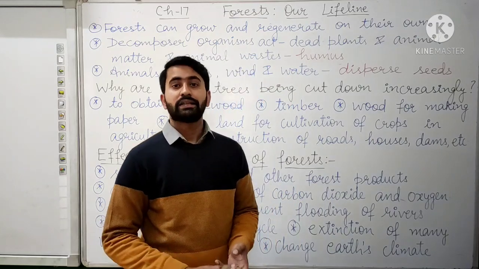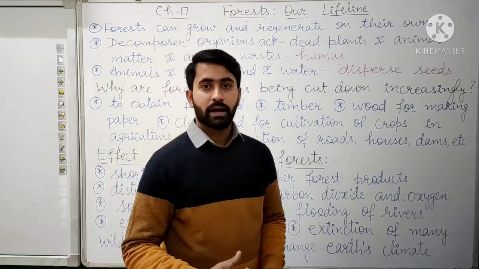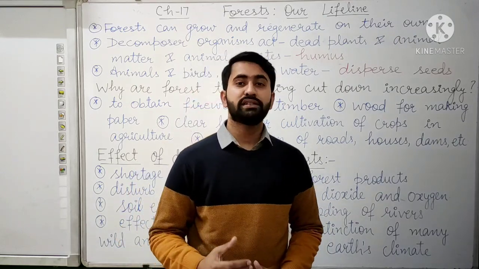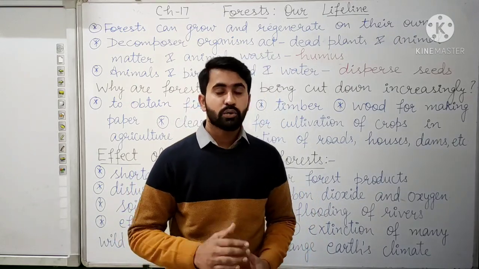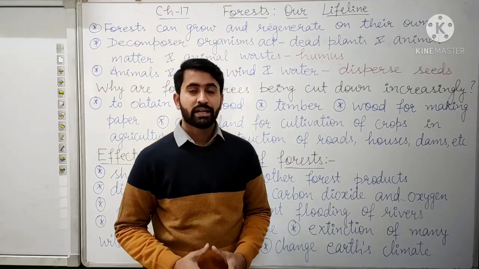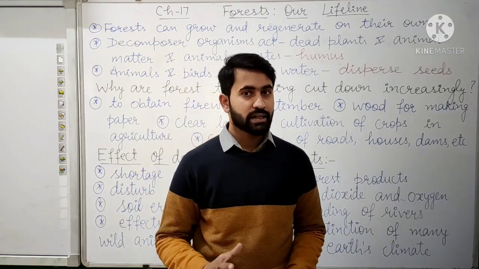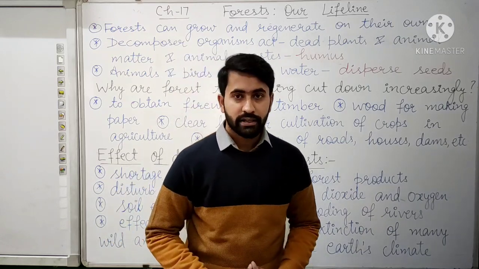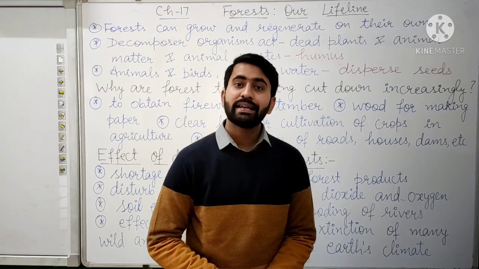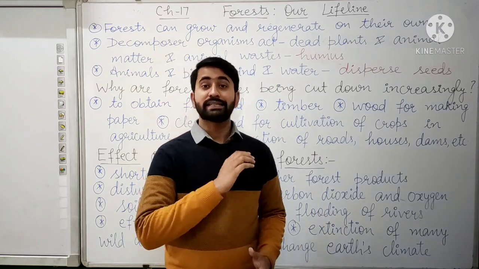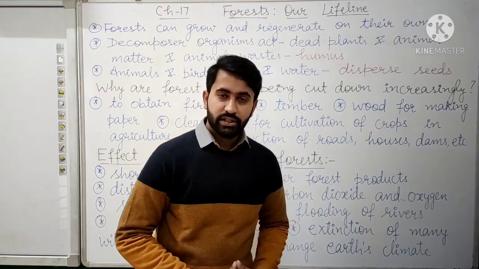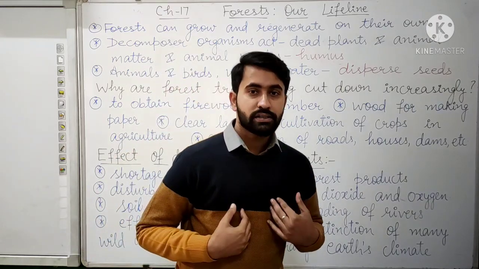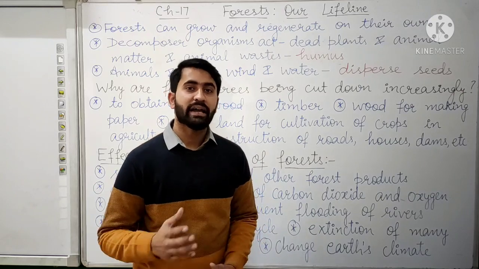Due to this, the number of trees and plants that are cut down from the forest for various purposes is much more than the number of trees that grow in a forest naturally. The cutting down of the forest at a rapid rate can make the forest disappear one day. The destruction of forest will have many effects on us, other animals and the environment.